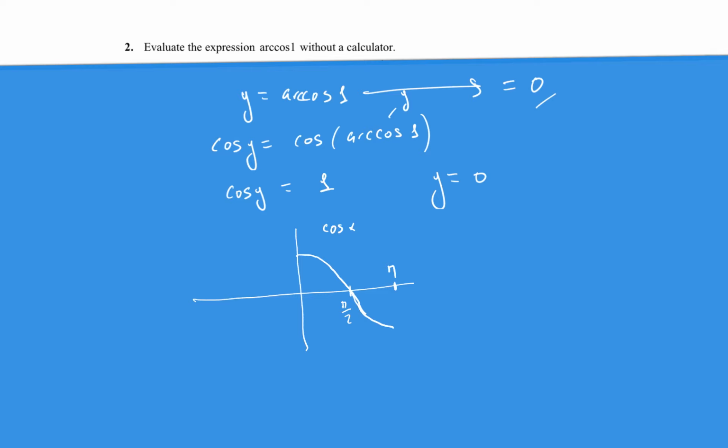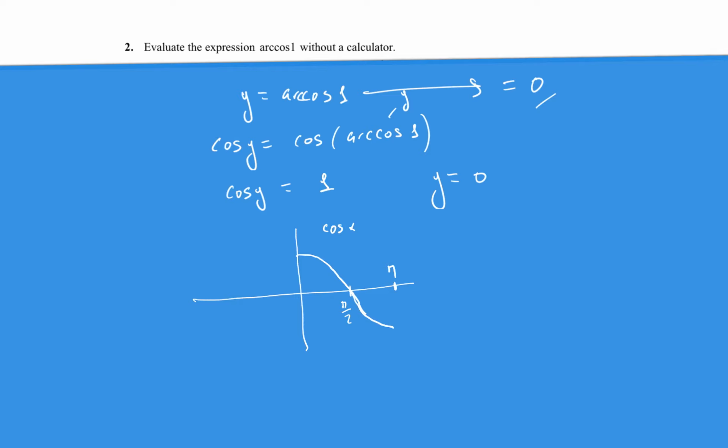If I decide to continue the graph, this point will have 2 points to go, so it will not pass the vertical test. And I need the inverse function to pass the vertical test. So this is the cosine of x.